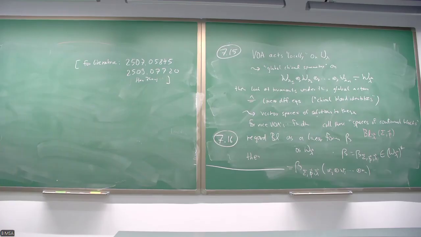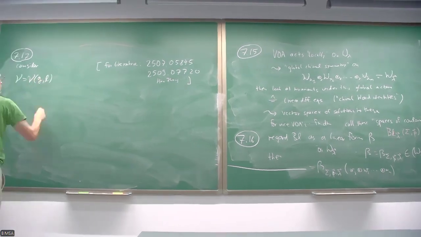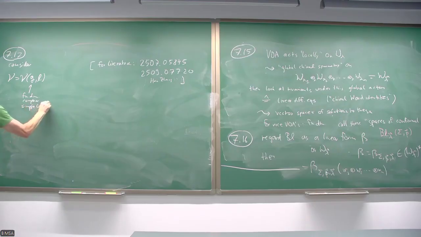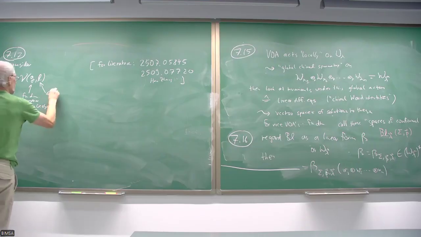And I will now only consider the case I know more about. V is a vertex algebra which depends on two data. G here is a finite dimensional complex simple Lie algebra, or maybe semi-simple, but it's enough to look at a simple case. And L is, with suitable normalization convention, a non-negative integer, a positive integer.